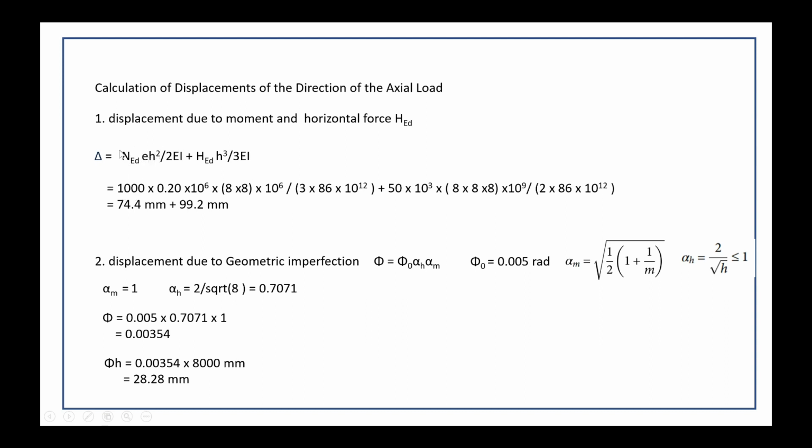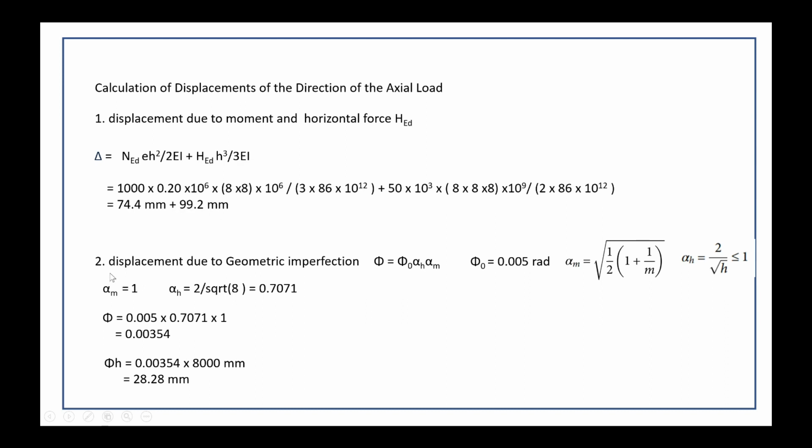After we input the value of NEd 1000, eccentricity 0.2, and convert to the correct unit, we get the answer. The deflection made by the vertical load with eccentricity is equal to 74.4, and for the horizontal force is 99.2 millimeter.